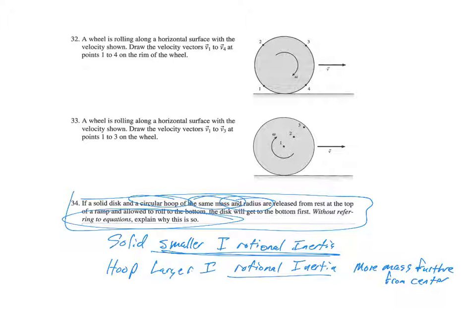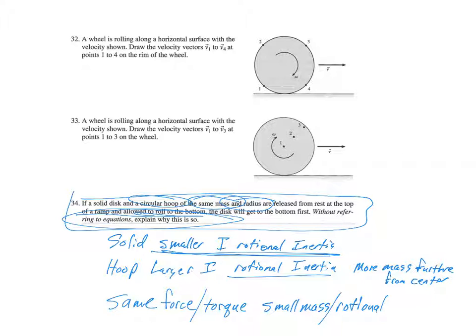Down to the bottom of a ramp. So same force/torque in this case, because it's rotating. Small mass/rotational inertia. I missed that word somehow, didn't I?